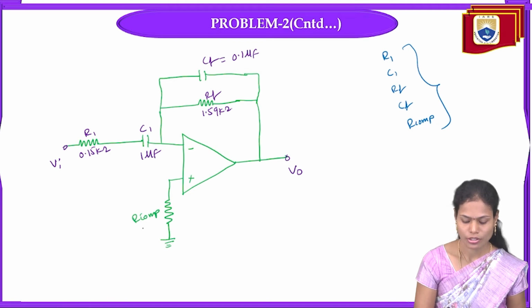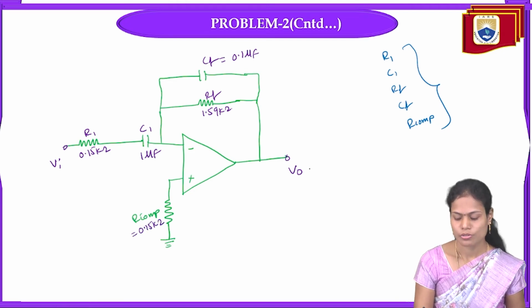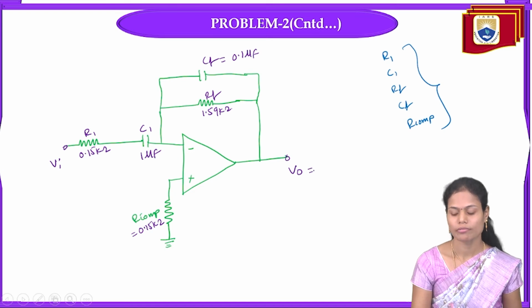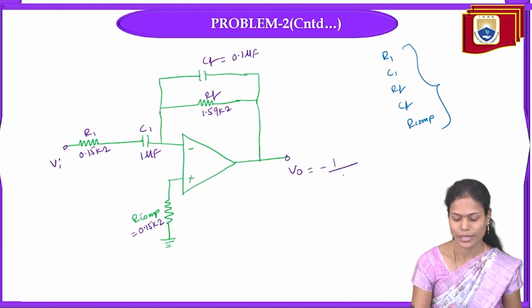R compensation we got as 0.15 kilo ohms. So in the output signal we will get minus RF C1 times the integral of the applied input signal.